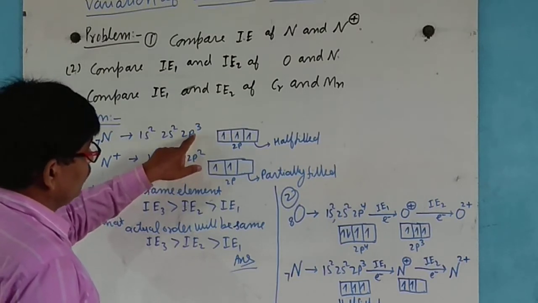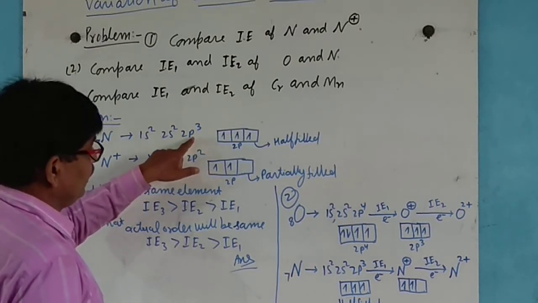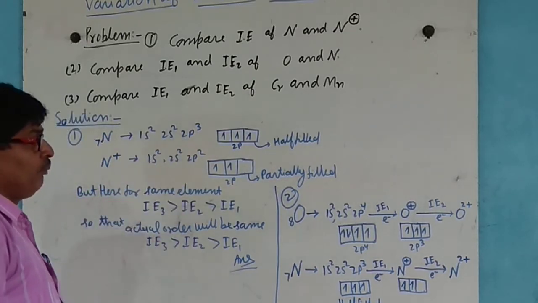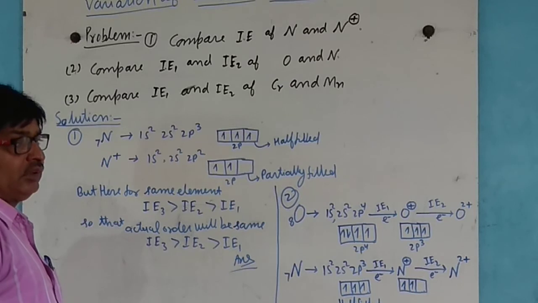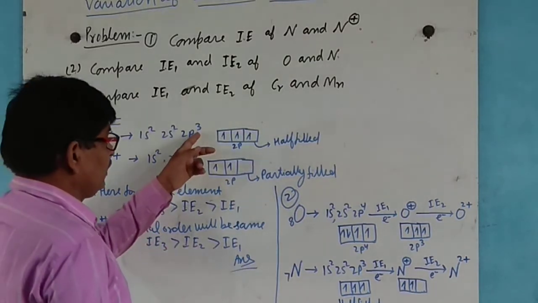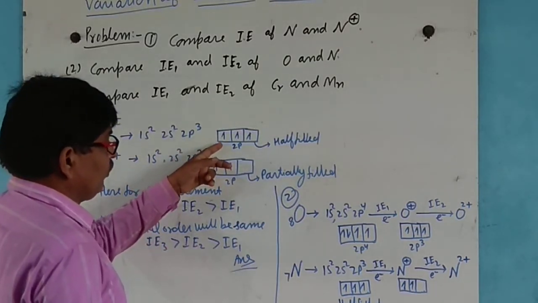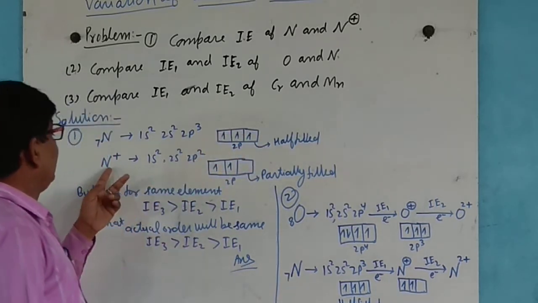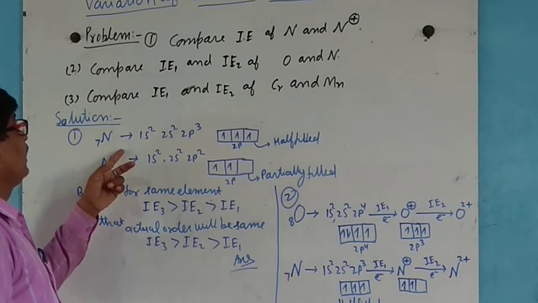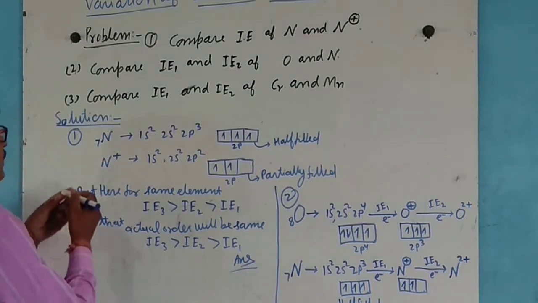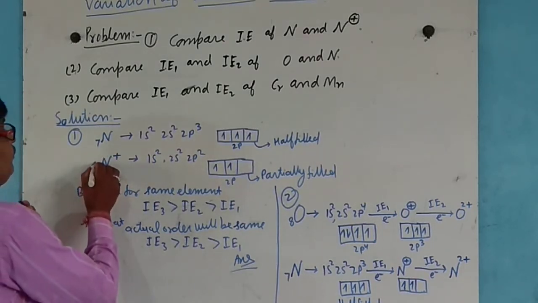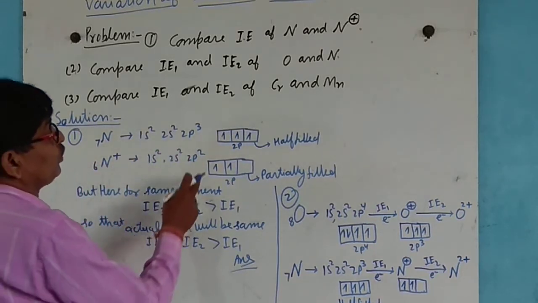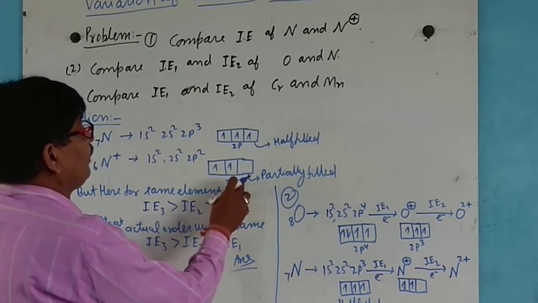The p orbital has capacity of 6 electrons, only 3 electrons are present, so 1 by 1 electron here. This is half filled. When one electron is removed from nitrogen, it becomes 2p2, which is partially filled.